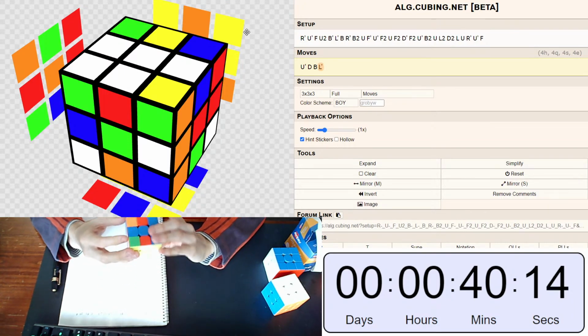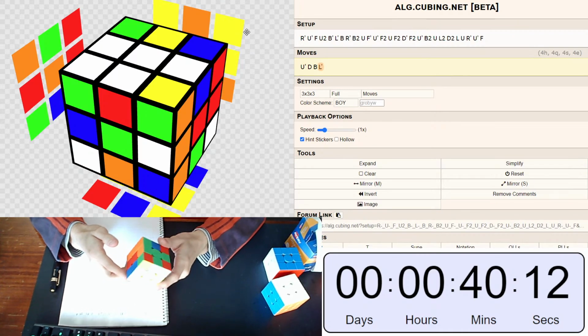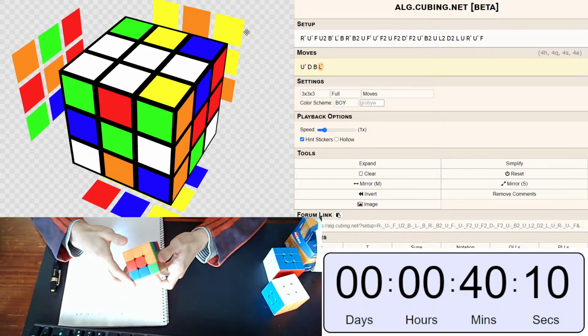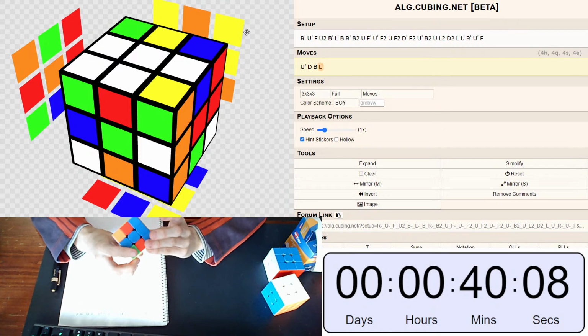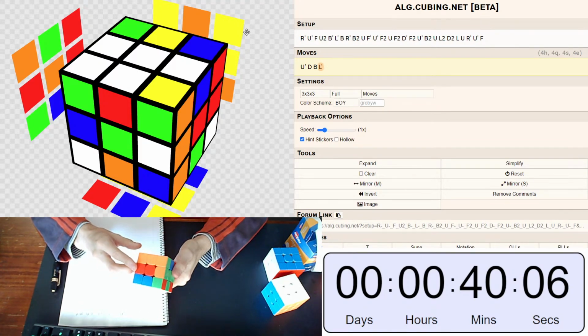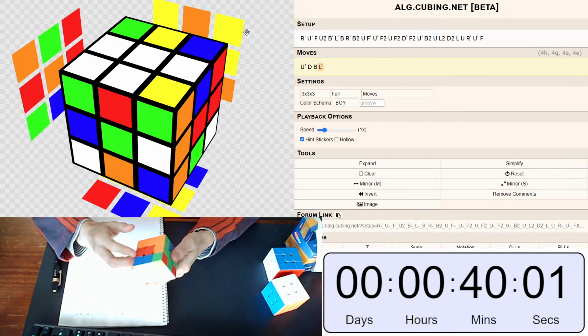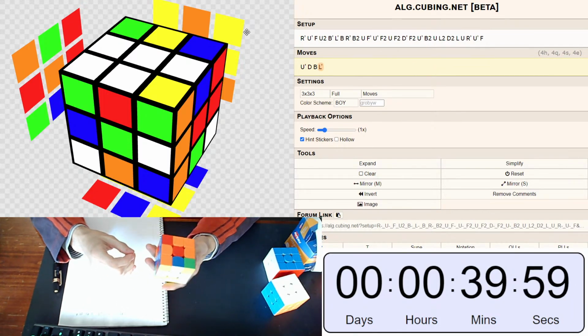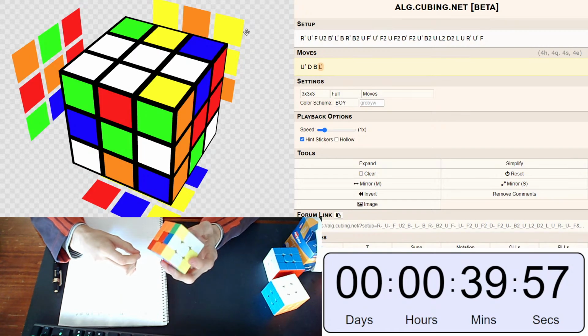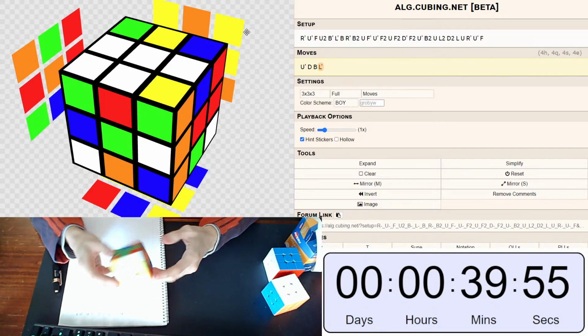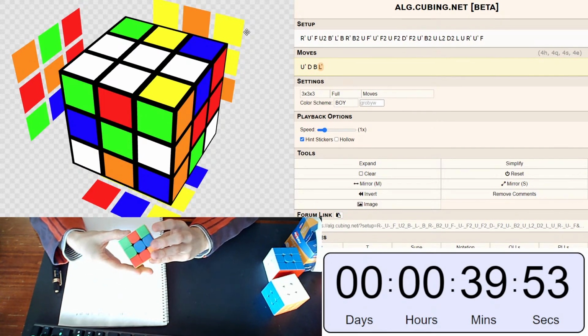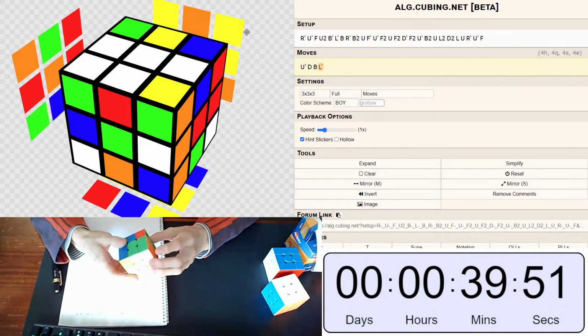D prime B2 solves some things. D prime. Okay, just D prime. R2, B2, L2.